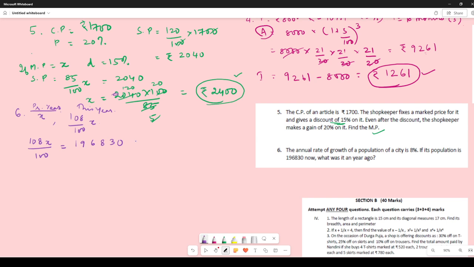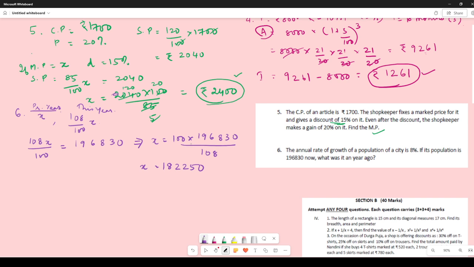So now when you find the value of x, this becomes 100 into 196830 by 108, and when you do the sum, you will find that it comes to 18250.